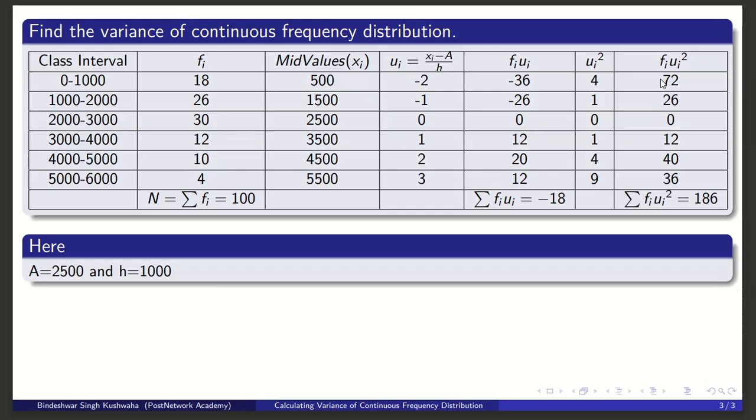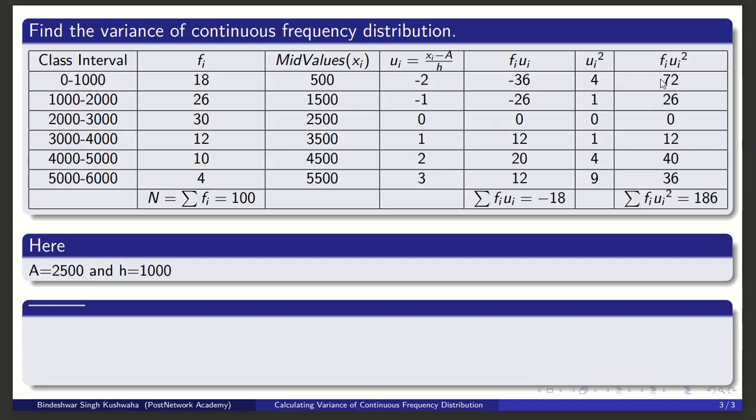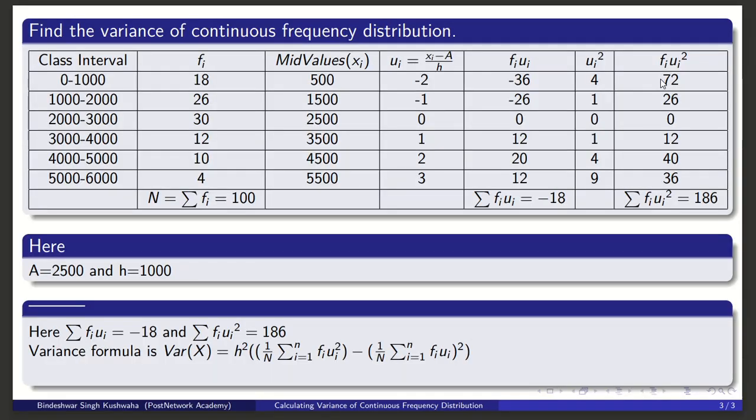And finally, if you add them all, fi ui square would be 186, and these values we will use to calculate variance. Now let us move further, and you can see that here fi ui is equal to minus 18, fi ui square is equal to 186, and formula of variance you can see.